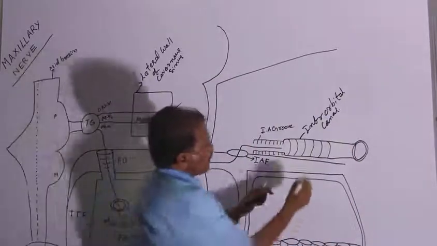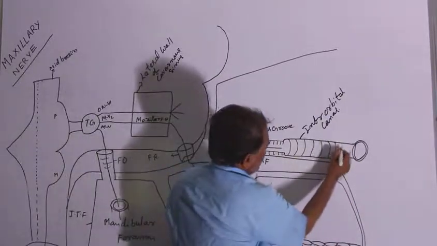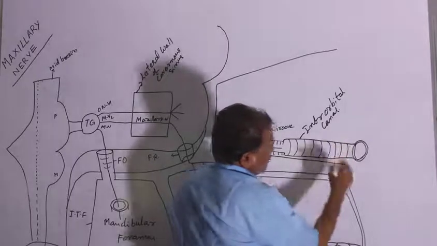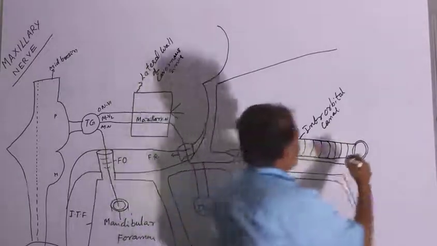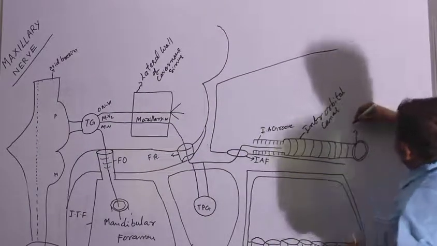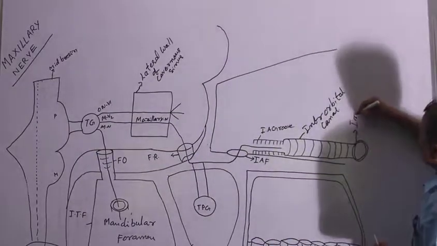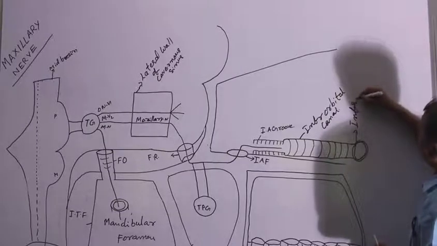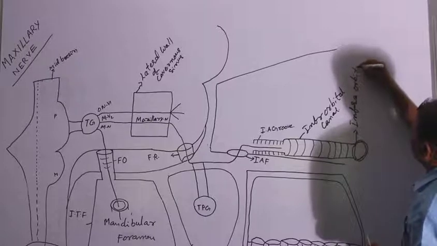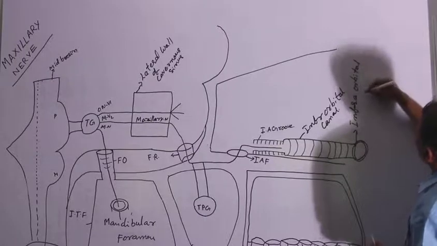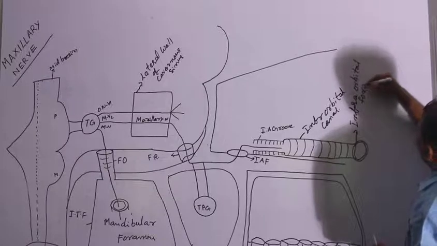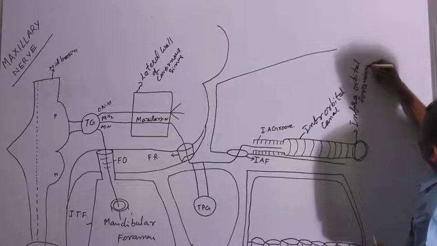And this infraorbital canal, on the outside, is communicated with the infraorbital groove. This is called the infraorbital foramen.